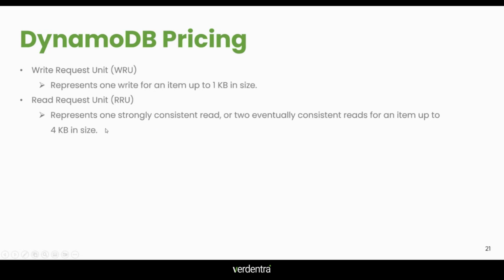This is the thing that we talked about: one strongly consistent read, or 2 eventually consistent reads, for an item up to 4 kilobytes in size. So if you want strongly consistent, it'll cost you more. Eventually consistent reads cost half as much as a strongly consistent read.